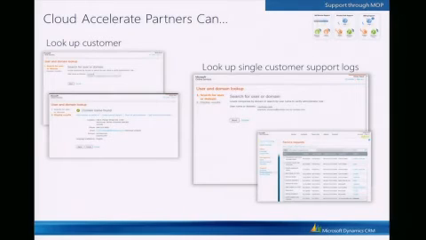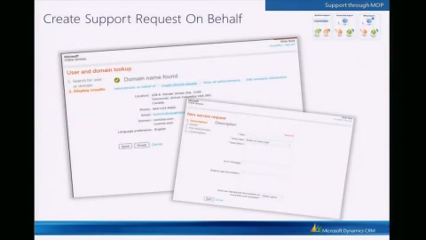You can actually see a list of all the support cases that a customer has open across their subscriptions. And as we've noted, we can raise a service request on behalf of your customers. This is a great way to add value to your customers by taking off some of the support burden from those customers and taking it on yourselves as part of a service management package that you provide back to them.